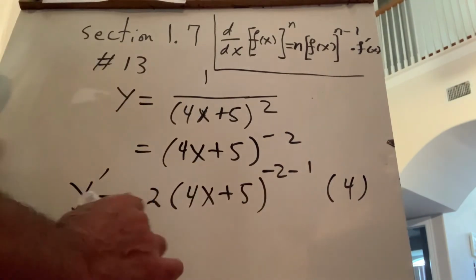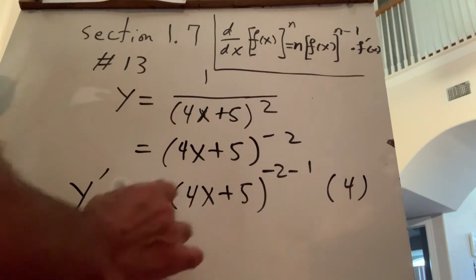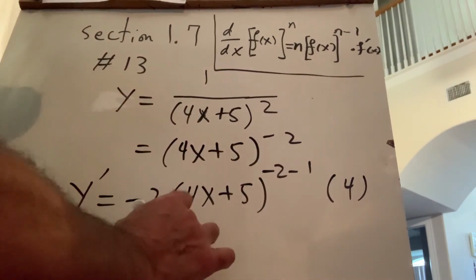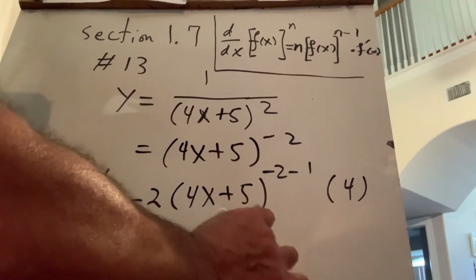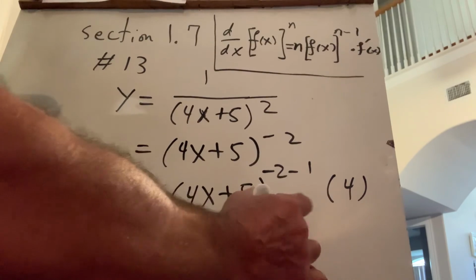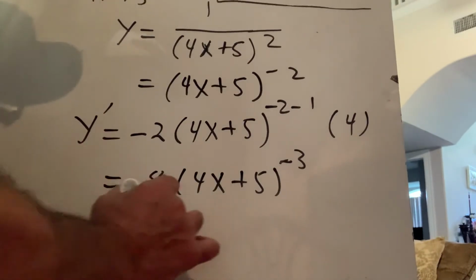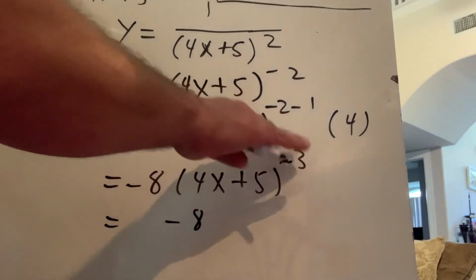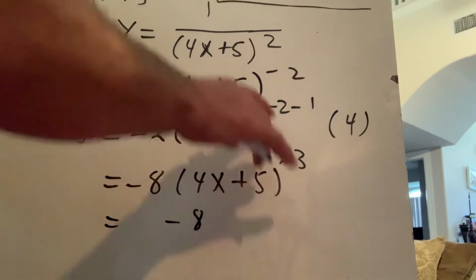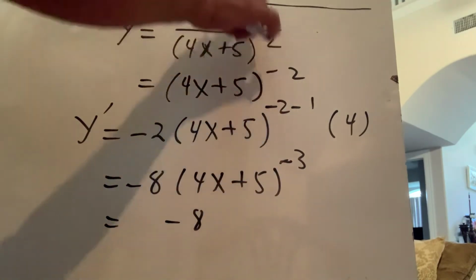4 times negative 2 is negative 8. Negative 2 minus 1 becomes negative 3. You could leave your answer like that, but sometimes in math, they don't like to see negative exponents. So if you want to move that downstairs, you can rewrite it as negative 8 over (4x plus 5) cubed. Again, if you move it from upstairs to downstairs, you change the sign, and vice versa, from downstairs to upstairs, you change the sign.